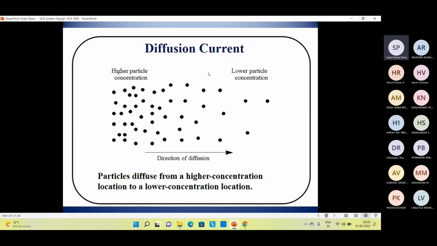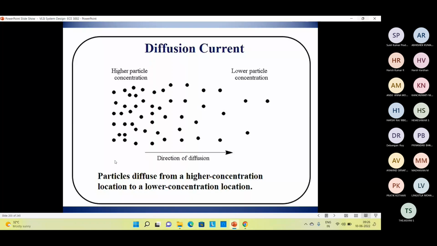So the electrons diffuse from a higher concentration location to a lower concentration location. And if you take into consideration the direction of diffusion, it is like this, in the positive x direction.